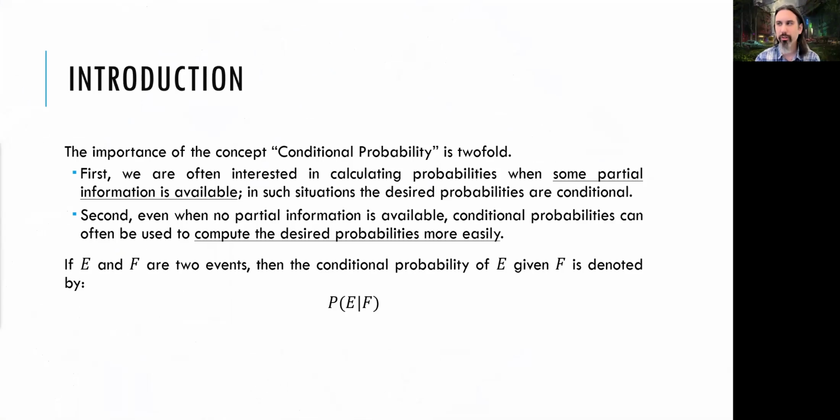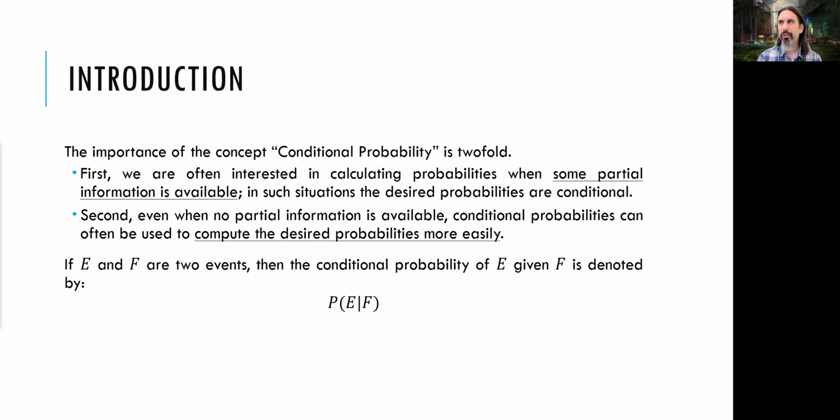First of all, we are either talking about a situation where we have partial knowledge about an experiment or a trial, some stochastic process, and we can use that partial knowledge to derive a probability value for an event that is related to that partial knowledge.